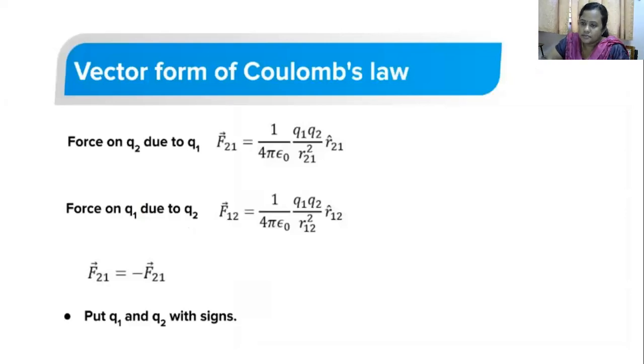Similarly, a force exists on Q1 due to Q2, which is 1 by 4 pi epsilon 0, Q1 Q2 divided by R21 square into R21 unit vector. So comparing these, we get that F21 is equal to minus of F12. There is a correction.